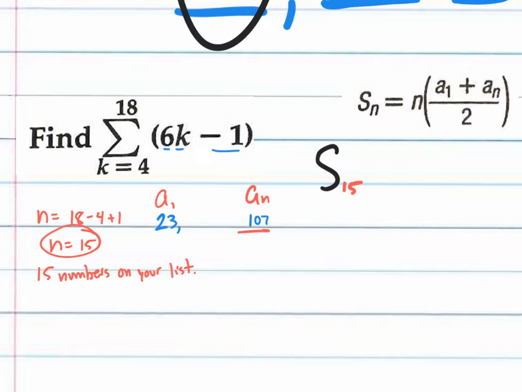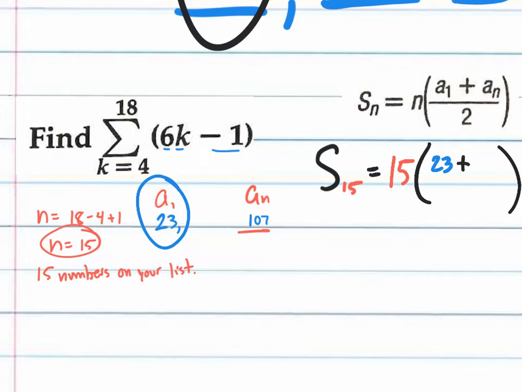That's why there's 15 numbers on the list. So the summation of those 15 numbers on the list will be the number 15 times a sub 1, which we said was 23, plus a sub n, which we said was 107 by plugging in that 18, divided by 2. So let's do the math here. 23 plus 107 is 130.